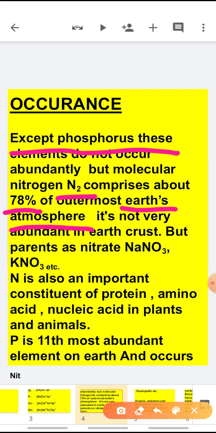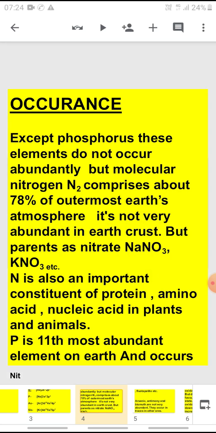Nitrogen is abundantly present in the earth's atmosphere, but it is not very abundant in the earth crust. In the earth crust, it simply occurs in the form of ores, or you can say nitrates, like sodium nitrate or potassium nitrate. Other nitrates are also there.